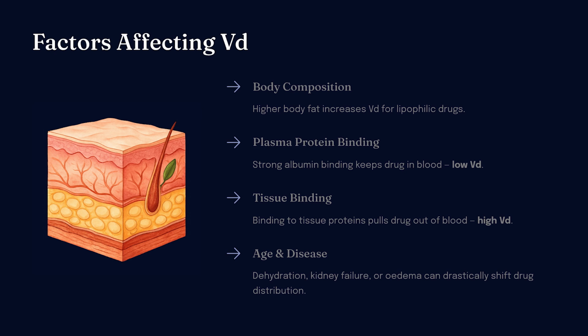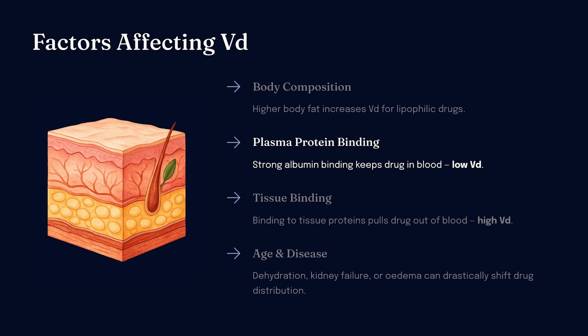Factors affecting VD. Several factors can alter the volume of distribution of a drug. First, body composition is important. Higher body fat increases VD for lipophilic drugs because more drug can accumulate in adipose tissue. Second, plasma protein binding reduces VD.